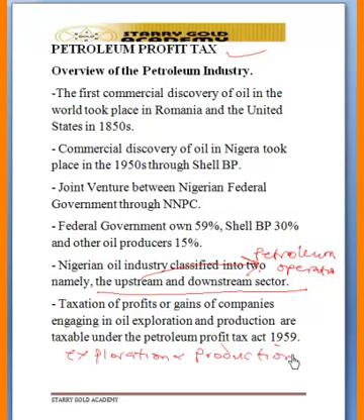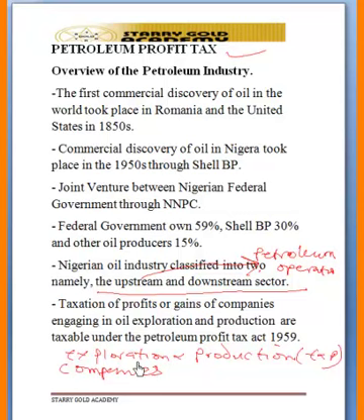Okay, that is E and P companies. The income of these companies is subjected to tax under the Petroleum Profit Tax Act, as amended 1990.